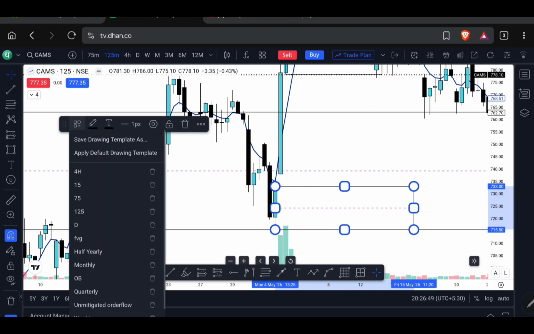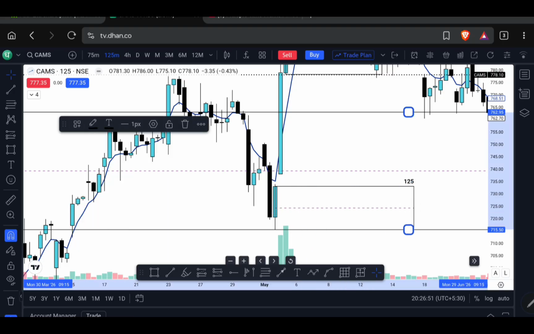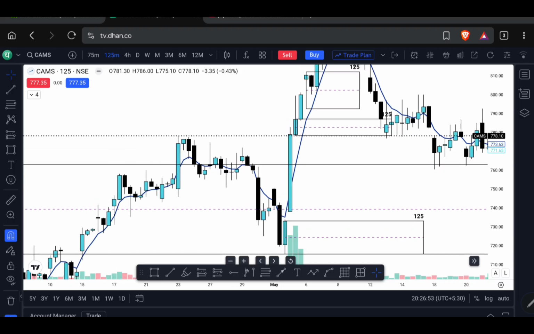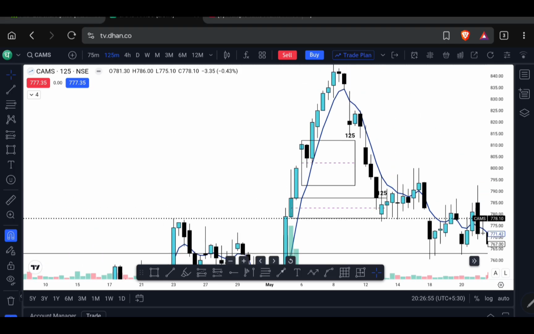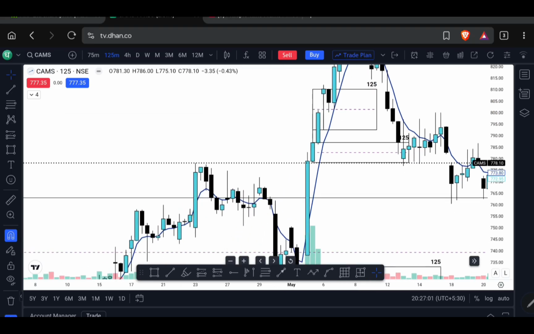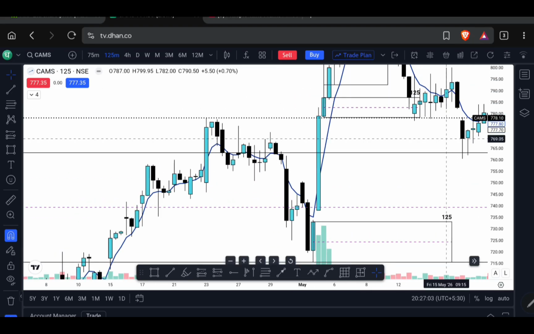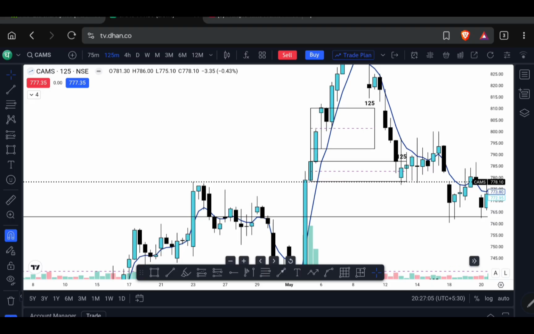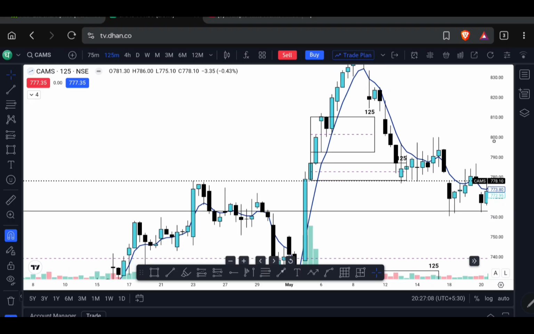So these 3 demand zones on 125 minutes we have found. One is here. This also you have to mark body to wick. This one, and this one. These 3 demand zones we have found.